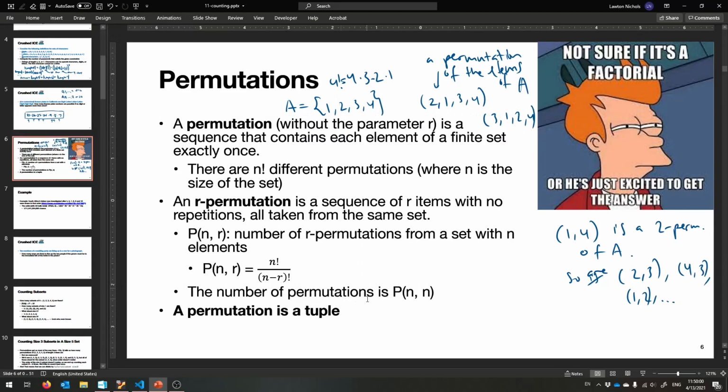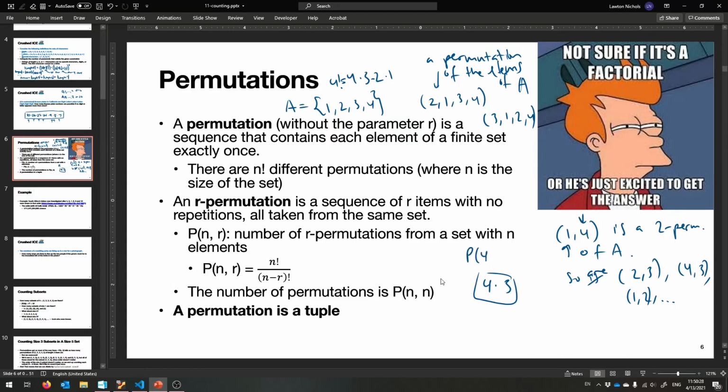Okay? Why is that? Why are there n factorial over (n minus r) factorial 2 permutations of the set A? So let's discover why. For the first element of the permutation, you could pick 4 options, okay? Because there's 4 things to choose from. For the second element, you've already picked 1, you have 3 left, okay? This is the number of r permutations, or sorry, number of 2 permutations.